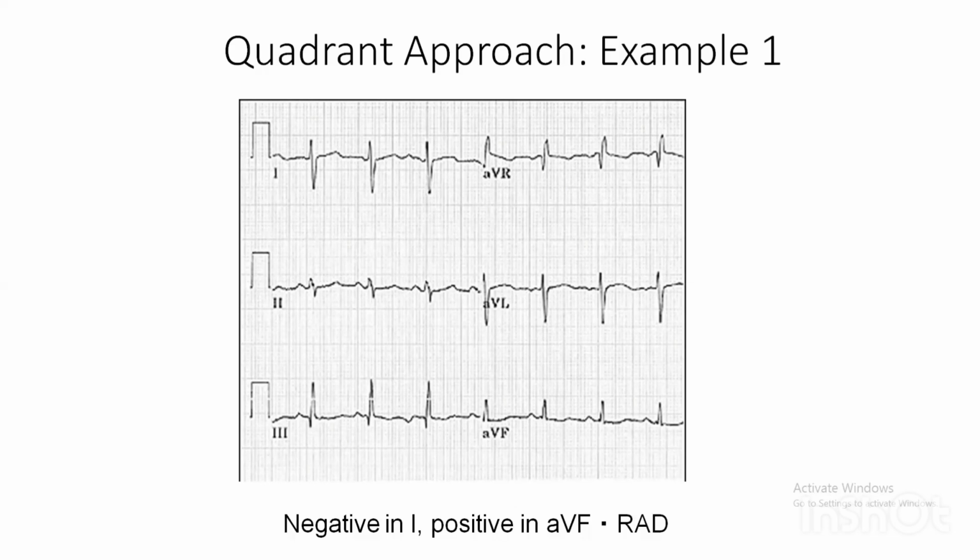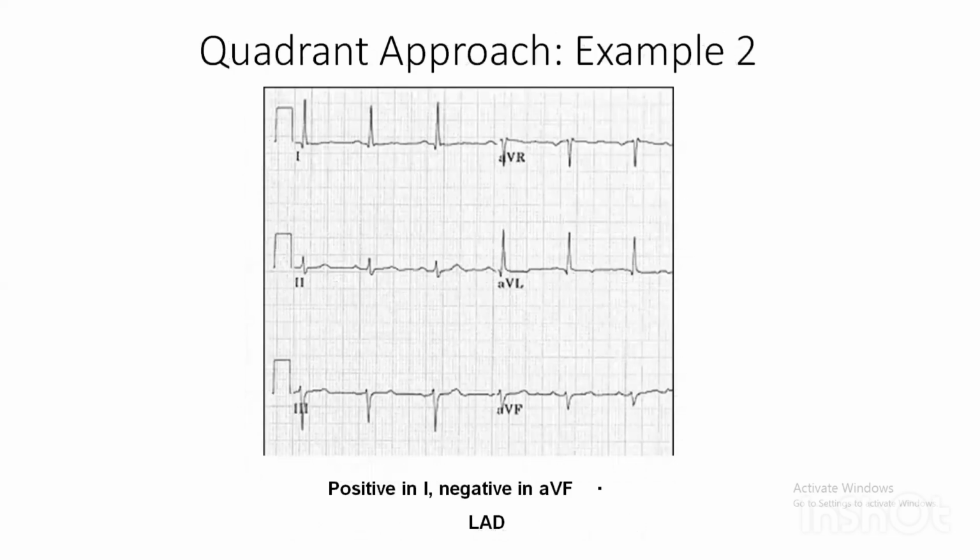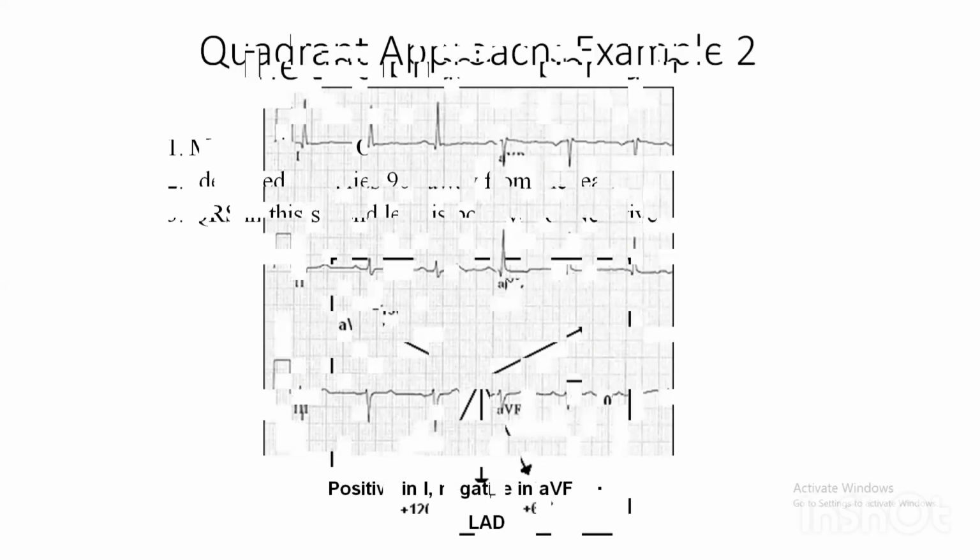So I told you, if lead 1 is negative and AVF is positive, it is right axis deviation, and if lead 1 is positive and AVF is negative, it is left axis deviation. If both are the same, it is normal axis.